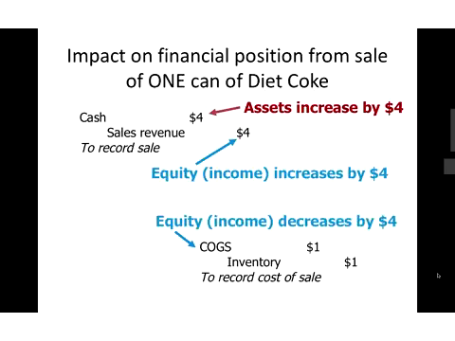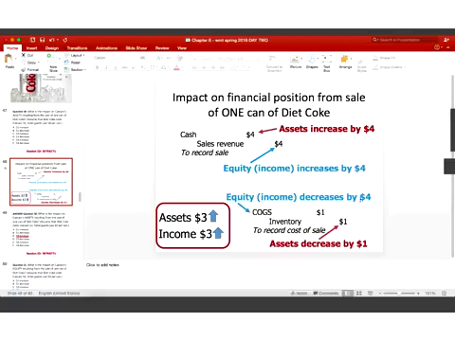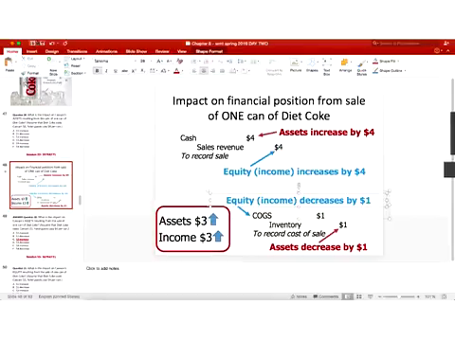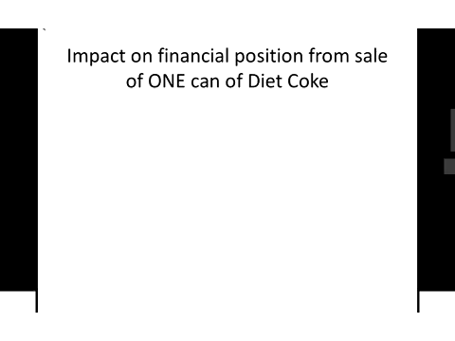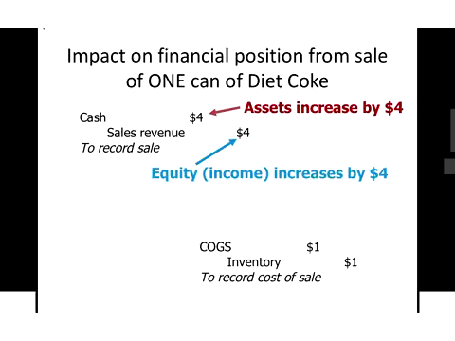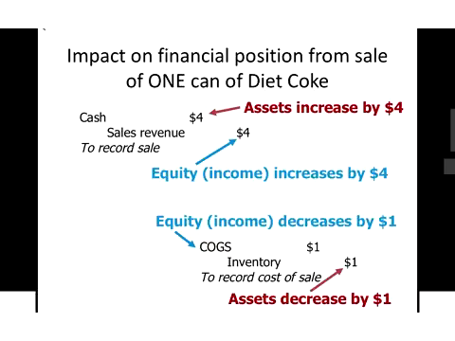So cost of goods sold, equity decreases by $1, and then assets decrease by $1 as well.